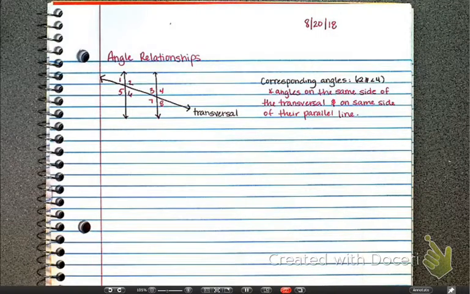So if you look at angles 2 and 4, they're both above the transversal and they're both to the right of their parallel line.